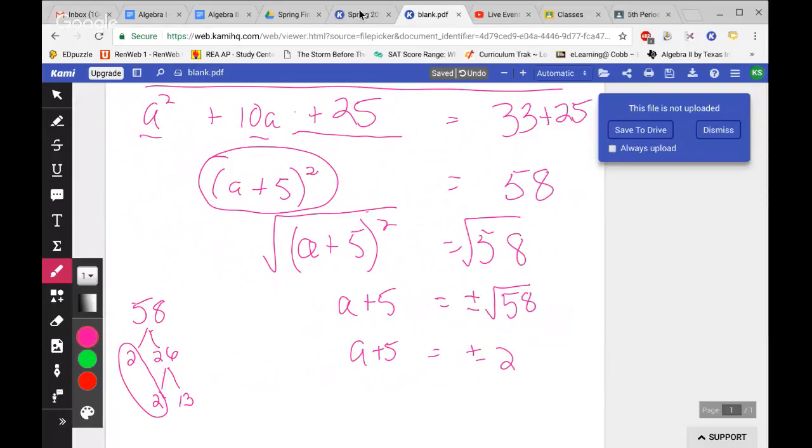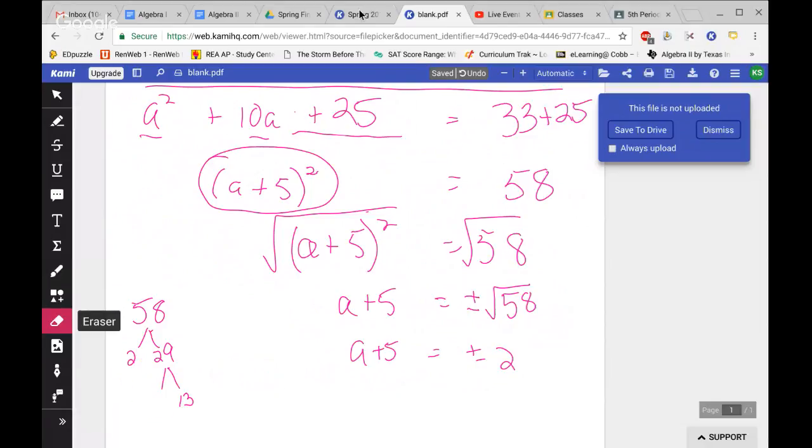I thought you left the. Did I leave something out? One of the answers is like 50. Oh, square root of 29. It's 29. It's not 26, it's 29. I can't multiply and divide. So that's not divisible by 2.